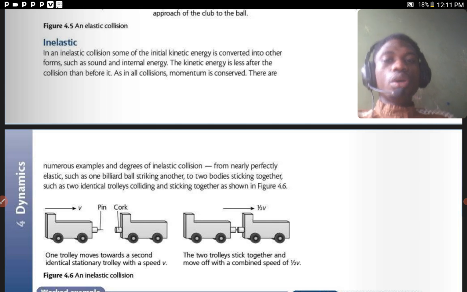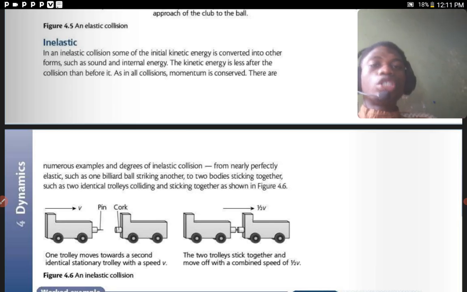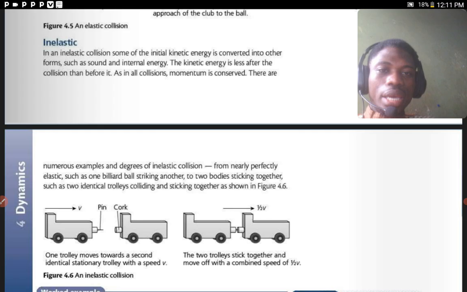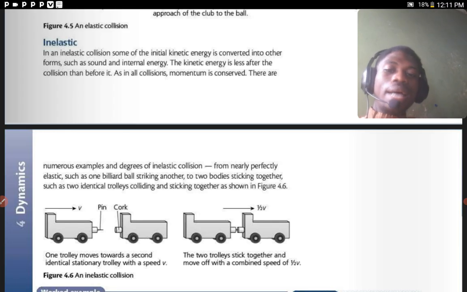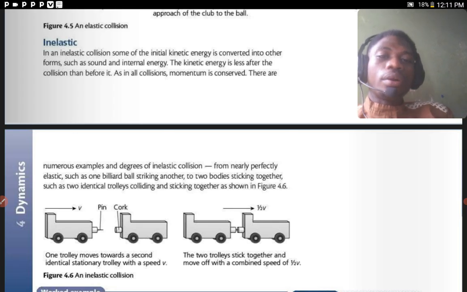Now I want you to know that there are numerous examples of inelastic collision, and as a result, we can also classify it into degrees, the degree to which the collision is inelastic.